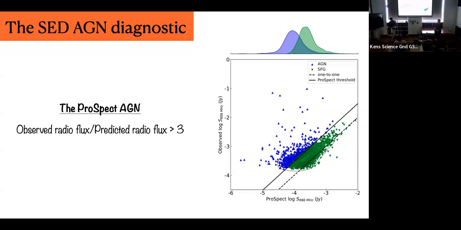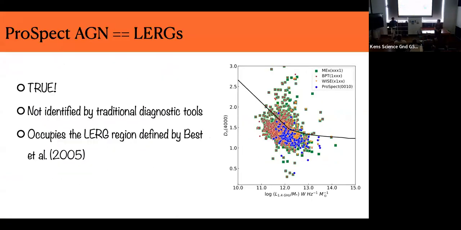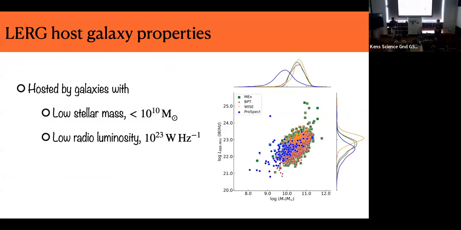Right. My second question was, at the very end, you had a population of low radio luminosity, low excitation radio galaxies. What's driving the radio luminosity in those? Do you have any idea? Well, since they are radio AGN, they definitely have an AGN according to the radio classification, but it's not driven by accretion.